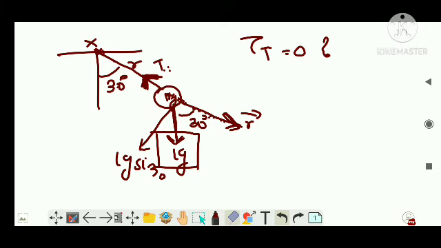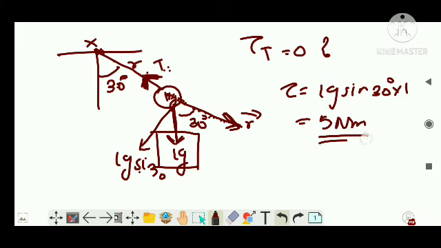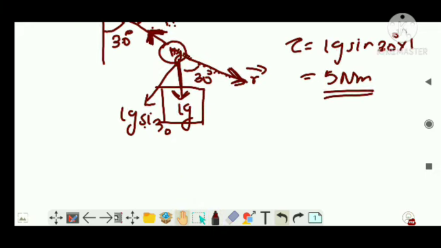So 1g sine 30 degree is going to cause your torque. Torque is equal to 1g sine 30 degree into the perpendicular distance, which is 1, right? So you will get 5 Newton meter as the answer. G I have taken as 10, right?